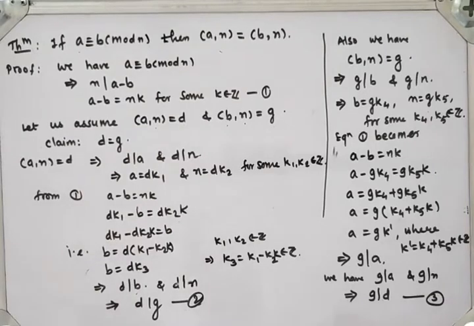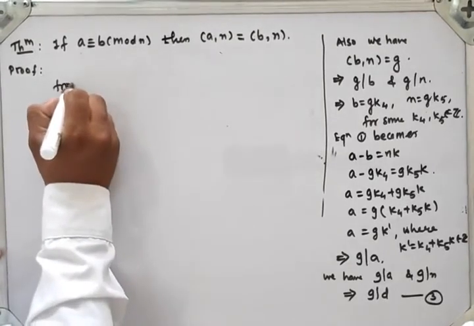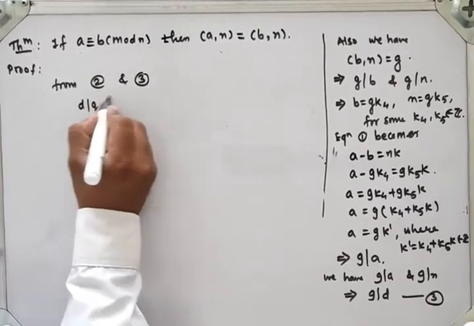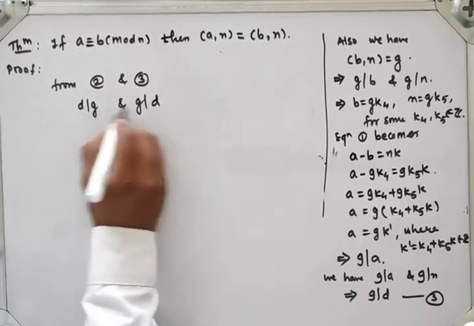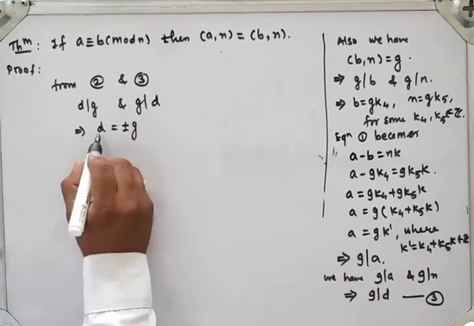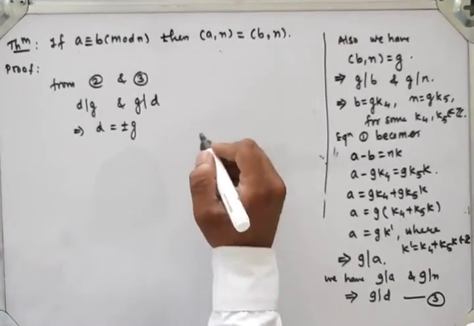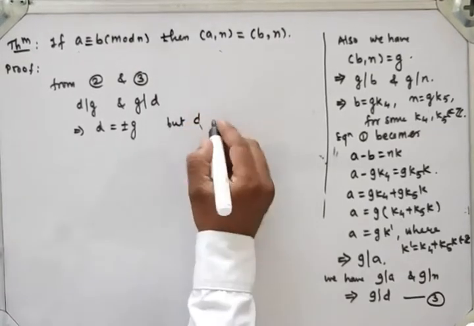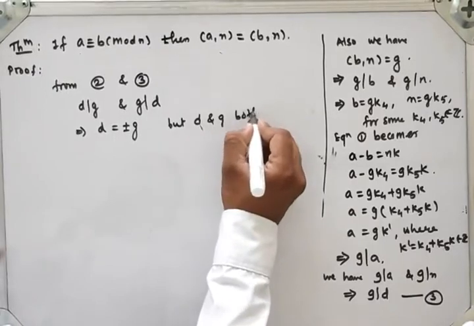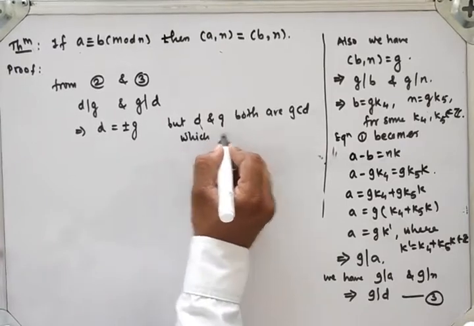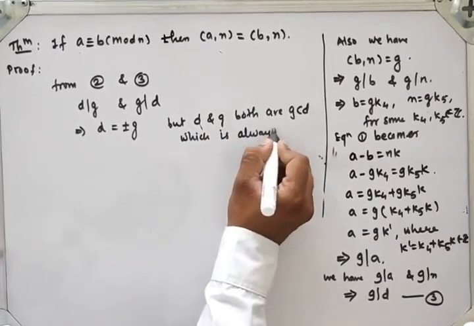So from equations 2 and 3, what do we say? d divides g and g divides d. So from this, g must be plus or minus d, but d and g are both GCDs, the greatest common divisor, which is always positive.